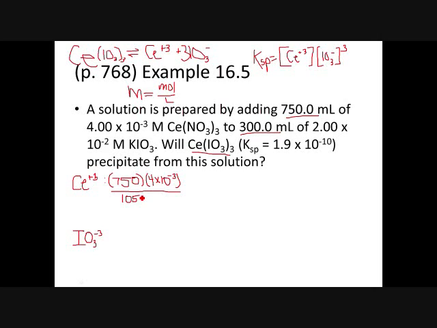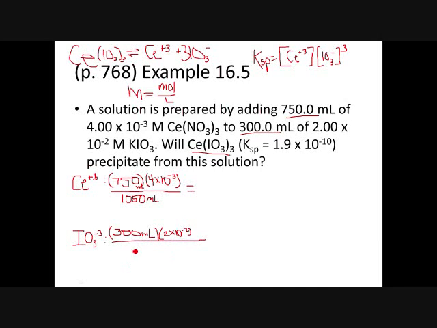So remember, I'm doing the millimole situation. So this is milliliters, and this is milliliters, so I'm good because they cancel each other out. Okay? And then for the iodate, same process. We take the 300 milliliters times the molarity of 2 times 10 to the negative 2 over total volume.